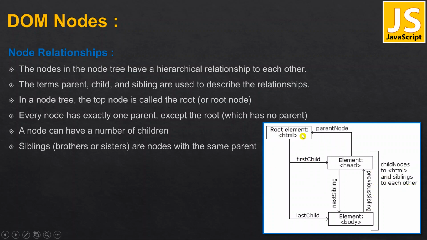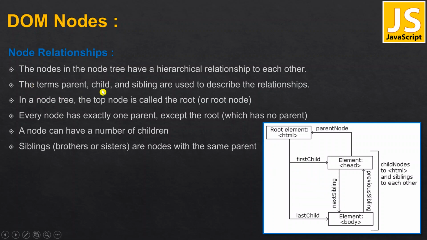So in the node concept, this relationship will be introduced. Node relationships. Let me read these lines one by one. The nodes in the node tree have a hierarchical relationship to each other, which I have explained. Now you can apply my explanation to these sentences by seeing this image, then you can grasp the concept.